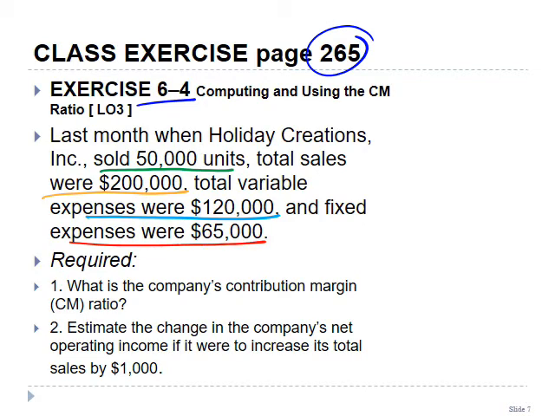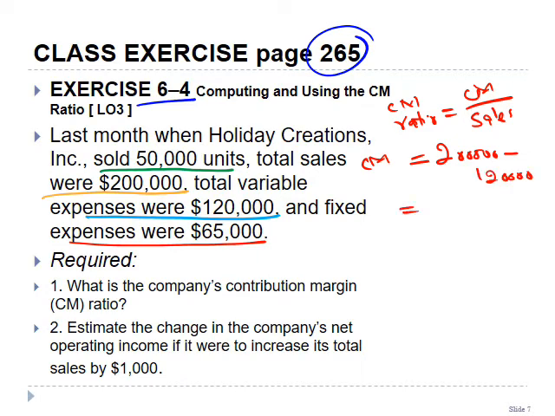So what is the company's contribution margin ratio? We know that the contribution margin ratio formula is the CM ratio equal to CM, in units or in whole numbers, divided by sales, in units or in whole numbers. So CM is equal to how much? We have sales of 200,000 minus the variable cost of 120,000, and the answer is 80,000, right?